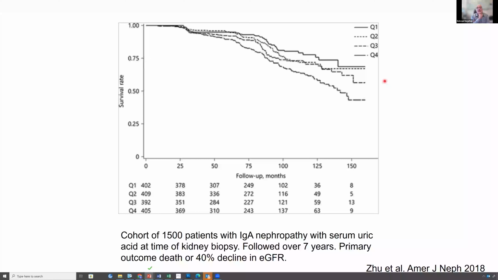But there are smaller studies. I found one study that was done a few years ago where they rebiopsied patients with IgA nephropathy who were clinically in remission.